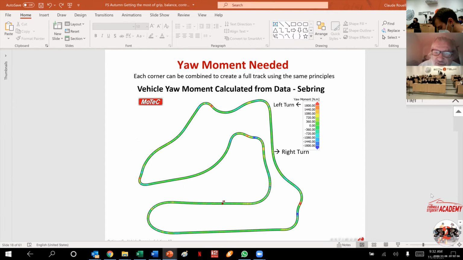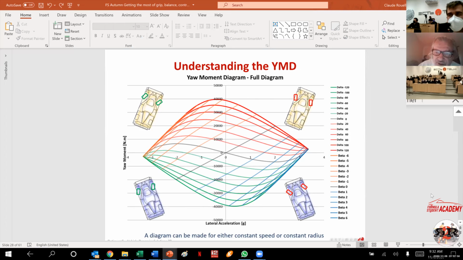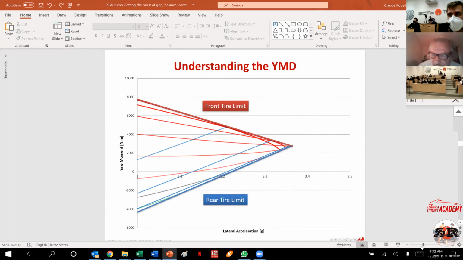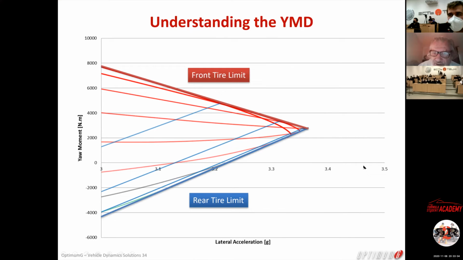Well, let's go back to this. You can see that here the maximum lateral G is 3.35, but the yaw moment is not 0. So there are two ways to look at that. If you want the yaw moment to be 0, then the maximum G that you can have is 3.22.